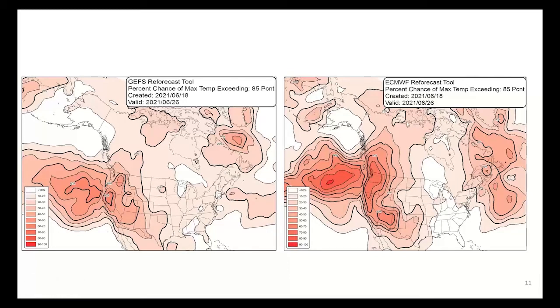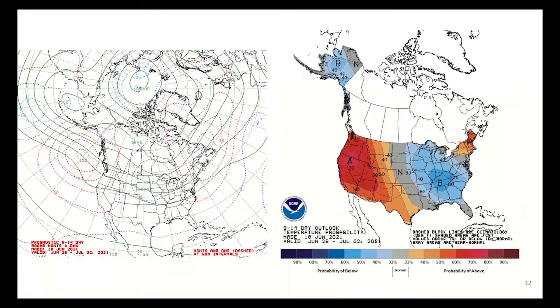On the right-hand side is the European, which had slightly larger probabilities throughout the West, and also a little bit more widespread on the spatial scale. Forecasters see these high probabilities above 60%, and that's a very strong signal for very high temperatures. So that was a good signal to forecasters.